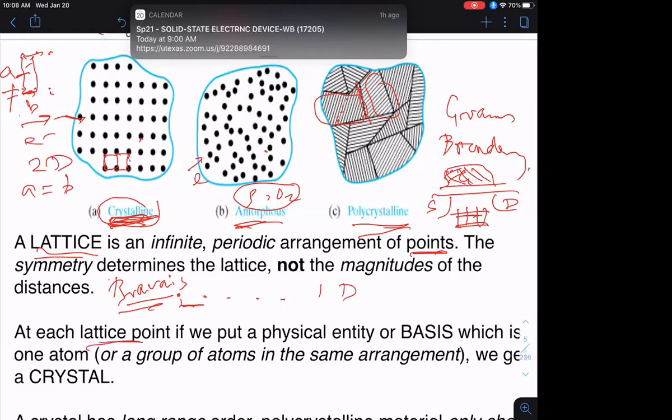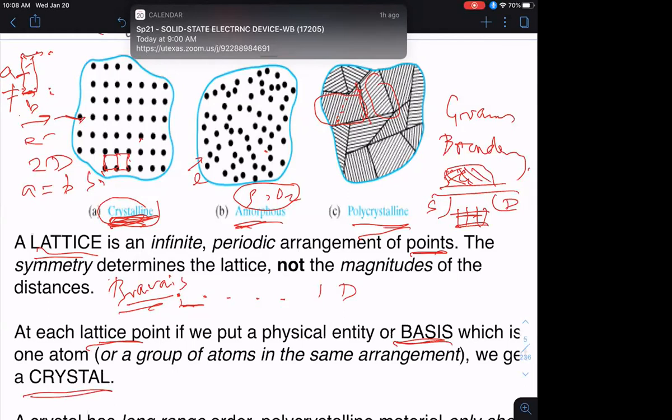Now, at each of these lattice points, then you can put in something physical, such as an atom. So these dots could be silicon atoms, for example. I mean, a silicon atom doesn't really have a square lattice, but just hypothetically, it's some kind of an atom, say, right? And the physical entity that you put in is what's called a basis. And when you do that, you end up with what's called a crystal.